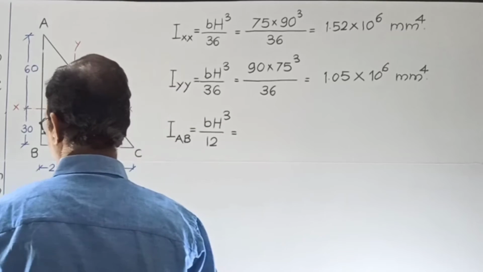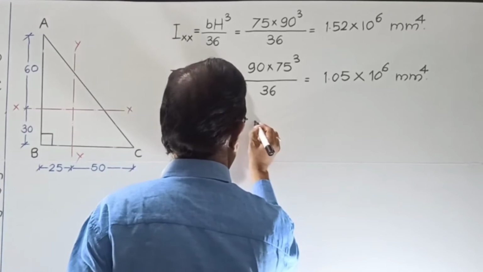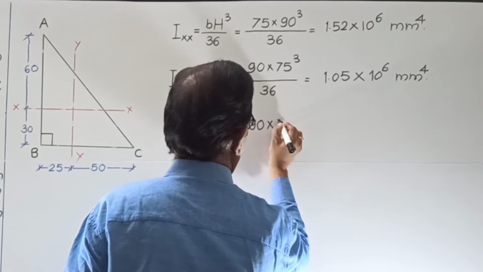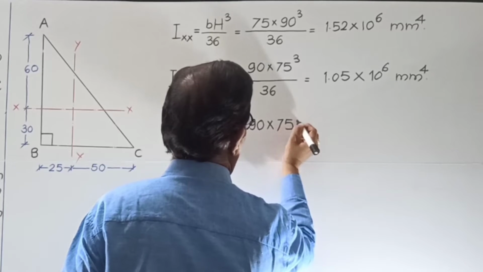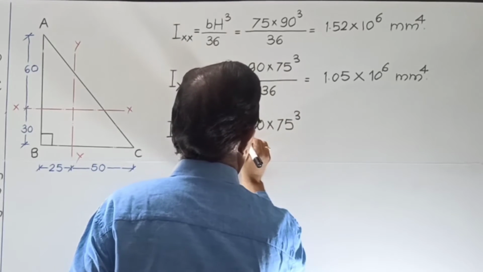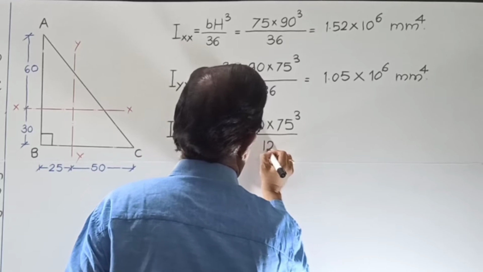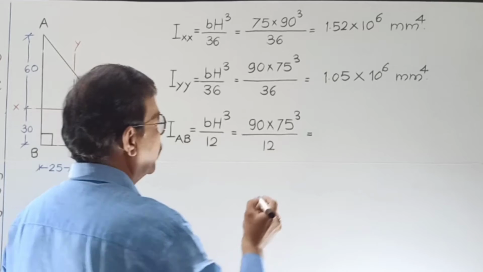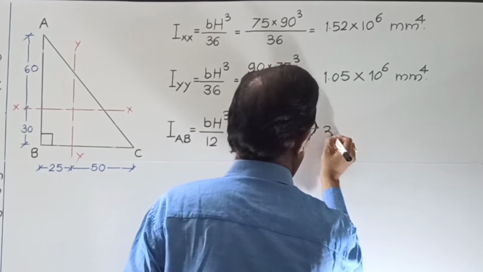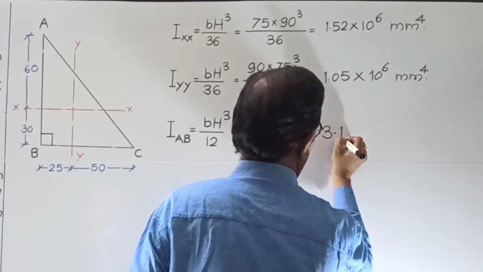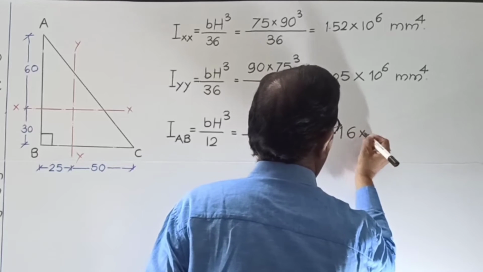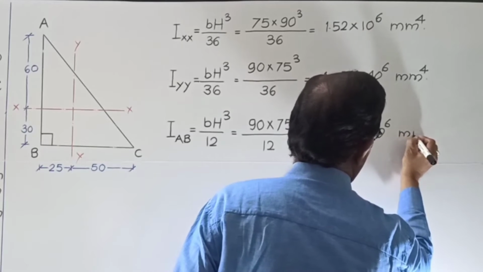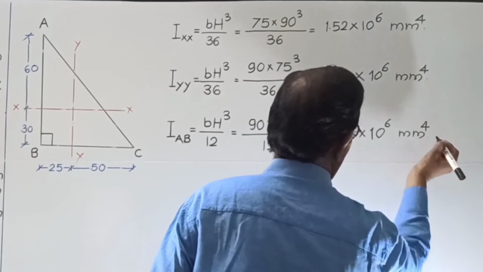What is B for IAB? B is 90. H is 75, by 12, which comes out to be 3.16 into 10 raised to 6 mm raised to 4.